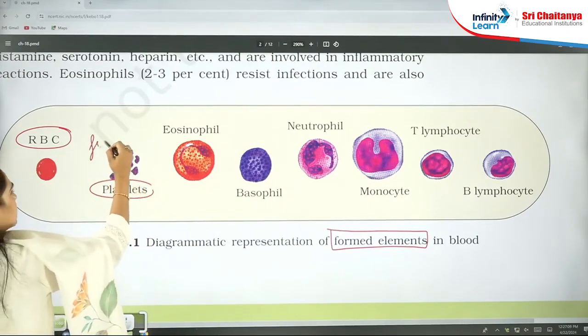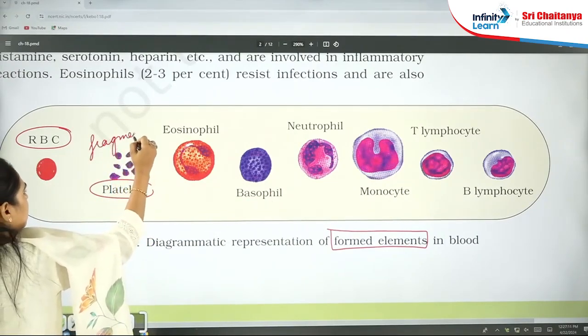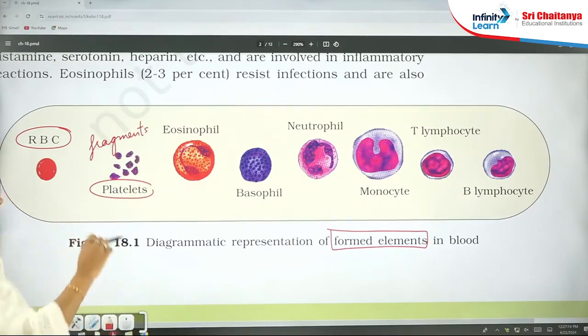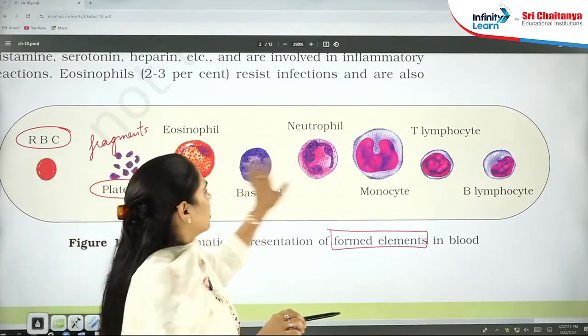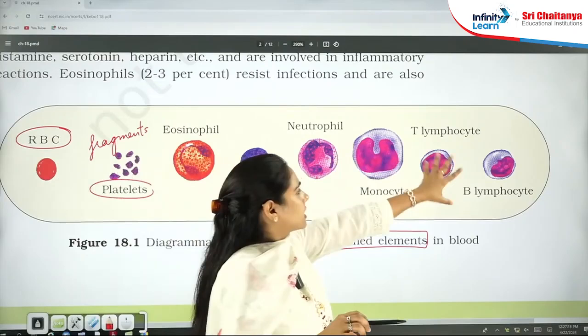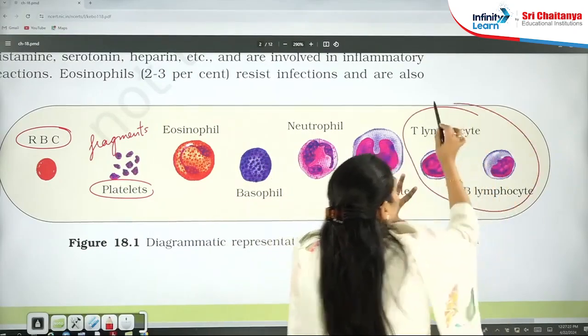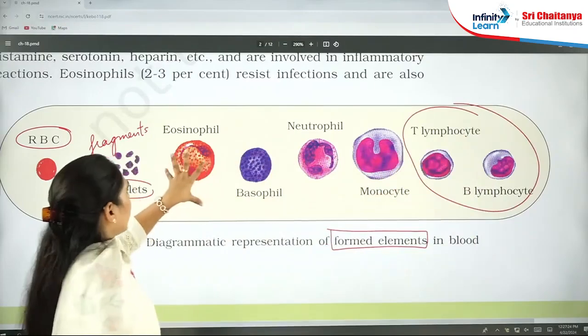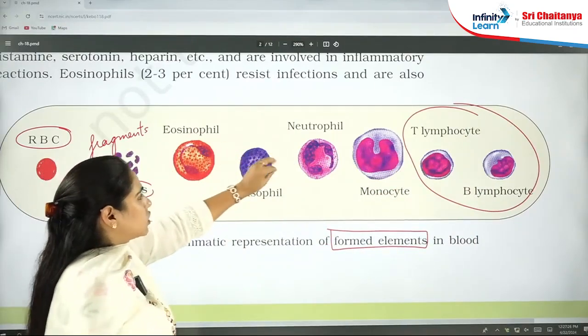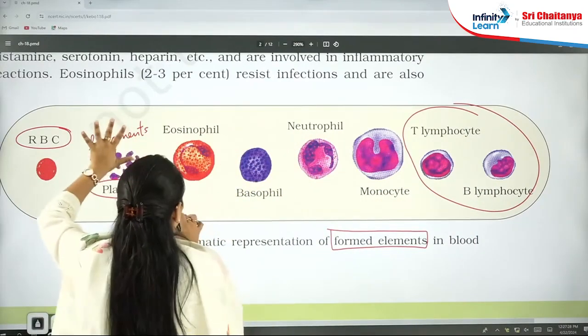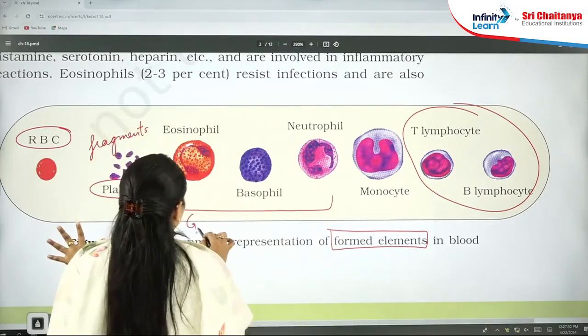Platelets are fragments of the megakaryocyte. Then you can see 5 types of WBCs: this is lymphocyte, and eosinophil, basophil, neutrophil are all 3 granulocytes.